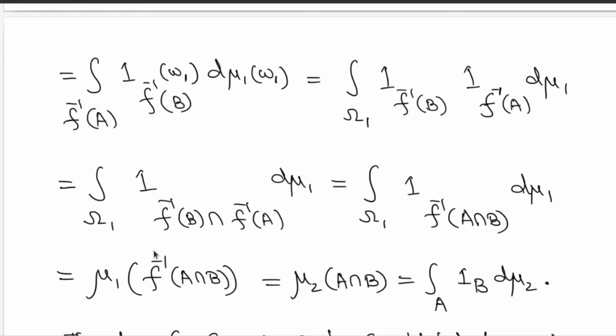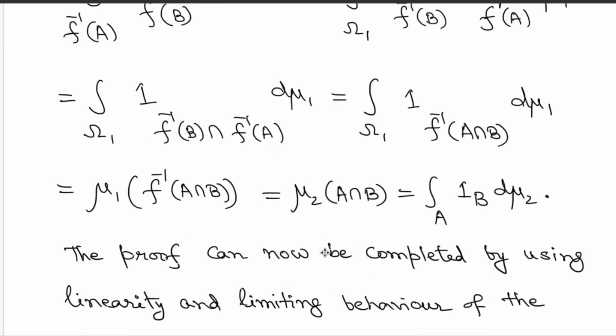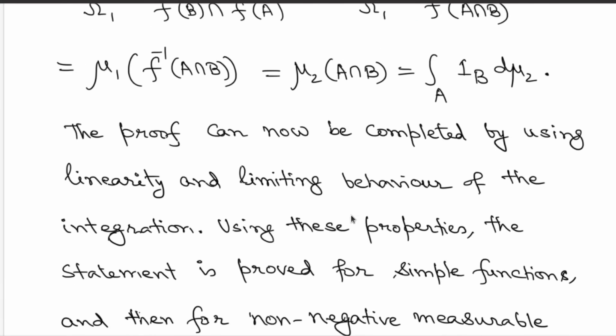But as per definition, mu 2 is nothing but mu 1 compose f inverse, and therefore this is mu 2 of A intersection B. But then you can easily write it as the integration of indicator of B d mu 2 over the set A. So this is the integration of this indicator function with respect to the measure mu 2 over the set A. Alright, so that's just rewriting this integration procedure. Great. So therefore you have now proved the required equality when g is an indicator.